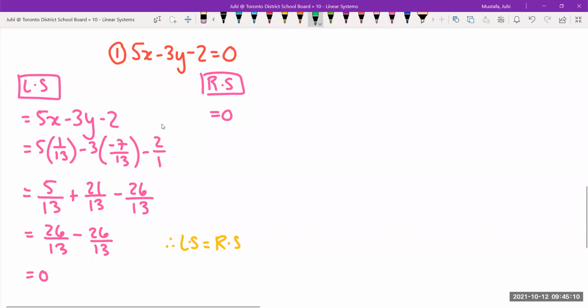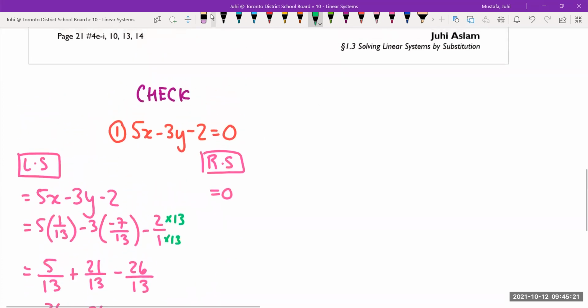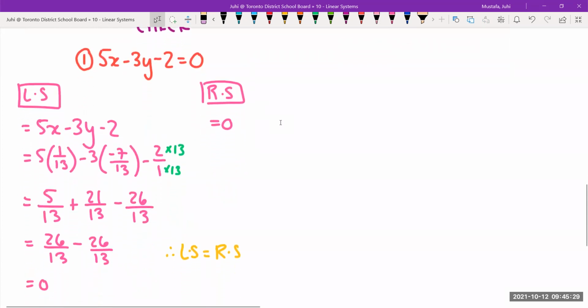And then I essentially multiplied this by 13 and I multiplied this by 13 to get 26 over 13. Then I added them together and I got a 0. Question, Sophia? What's the additional step you did? Yep. Okay, yeah, that's fine. Rain?